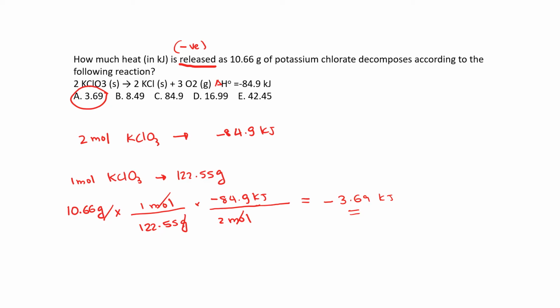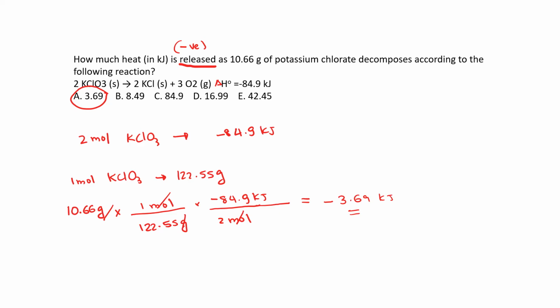Now we are going to do a little bit of dimensional analysis. What we are asked is 10.66 grams. And we know 122.55 grams is 1 mole, and then this gives how many moles of potassium chlorate are in the reaction.